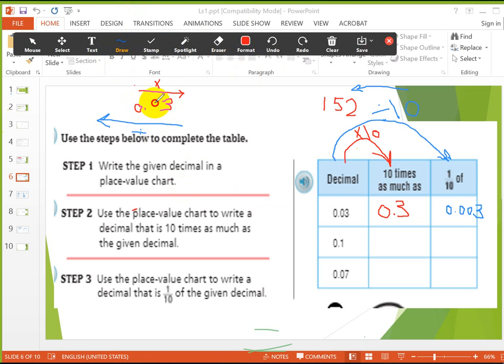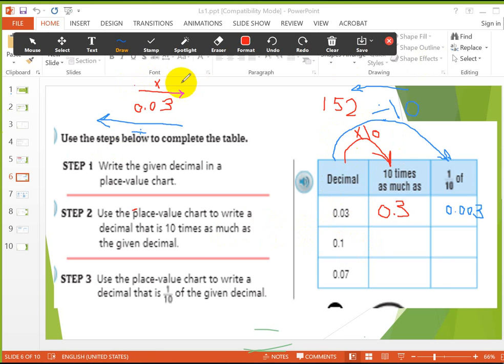Okay, again, girls. When I want to find the number that is 10 times as much as, it means I have to multiply this number by 10. So the decimal will move in multiplication to what?